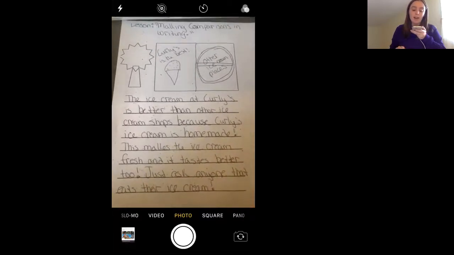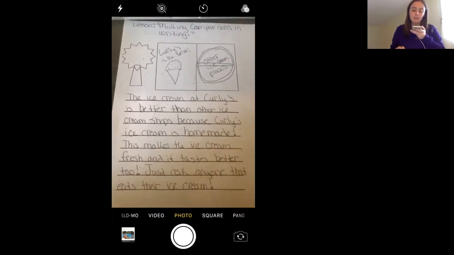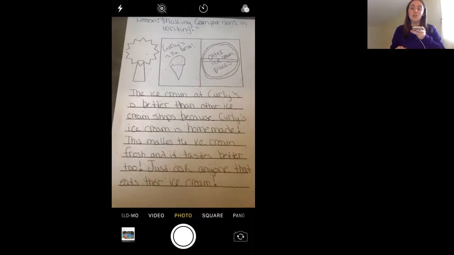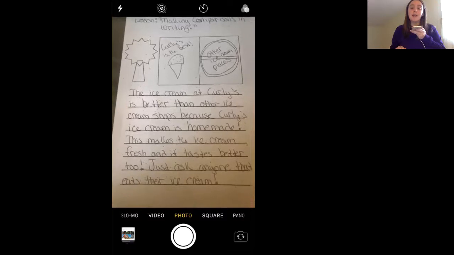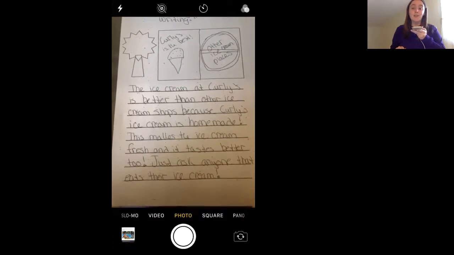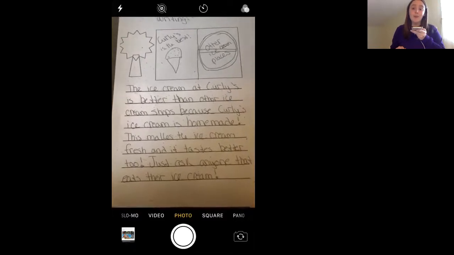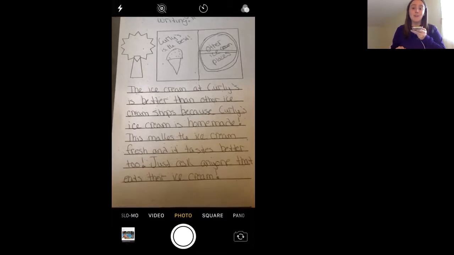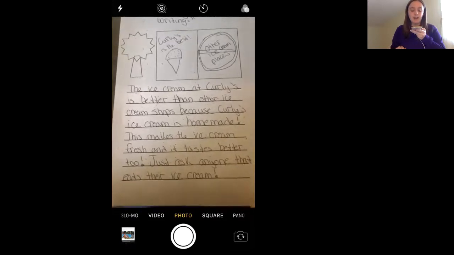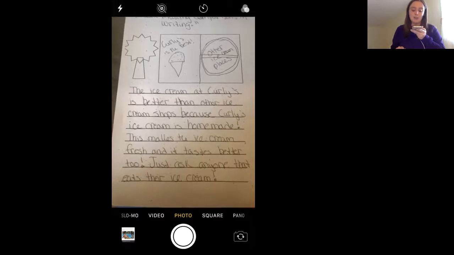The ice cream at Curly's is better than other ice cream shops because Curly's ice cream is homemade. So one reason I gave that the ice cream tastes better than other ice cream places is that it's homemade. It's a little bit better than if you bought it at a store or other ice cream places. And then I said, this makes the ice cream fresh and it tastes better too.